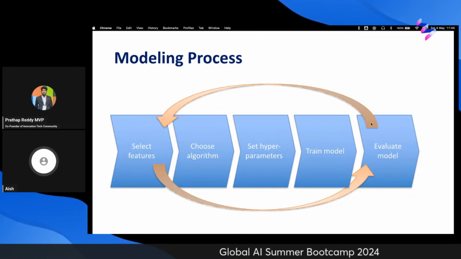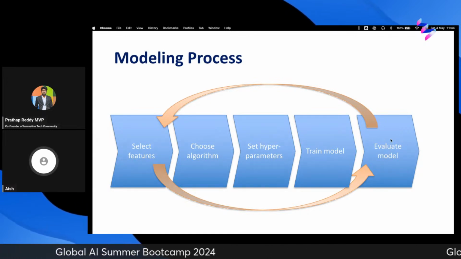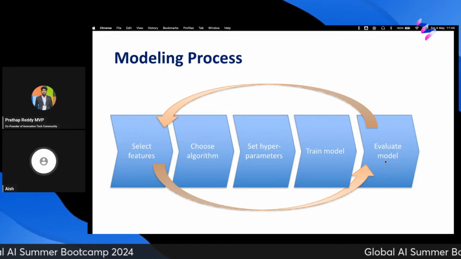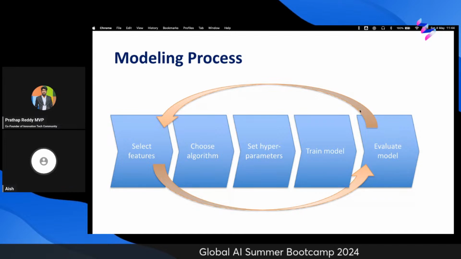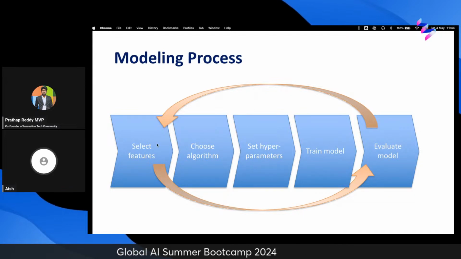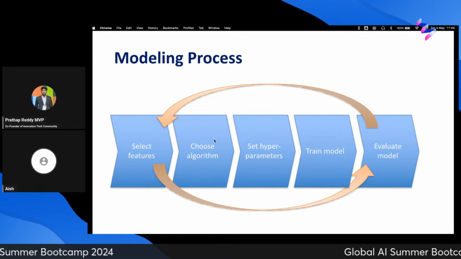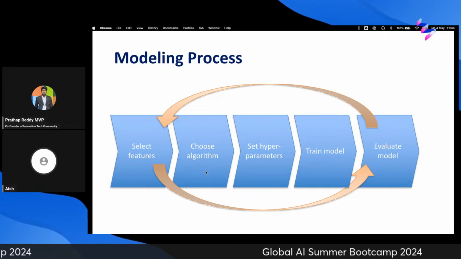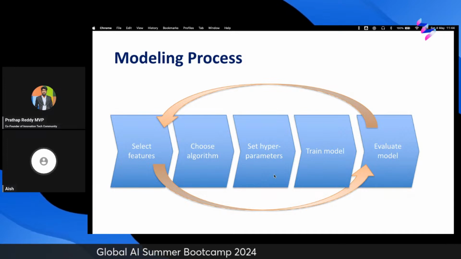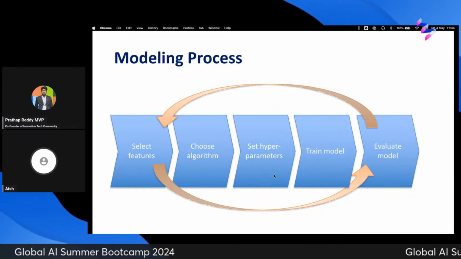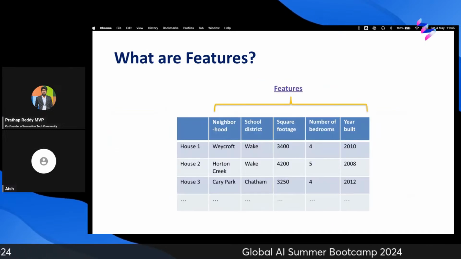If you feel it is predicting correctly only for 70% of the cases, but you want it to be accurate for at least 90%, then you repeat this whole process again: you select your features again, maybe choose a different algorithm this time, maybe choose the hyperparameters differently, and so on. You just keep repeating this cycle iteratively until you attain the required accuracy.